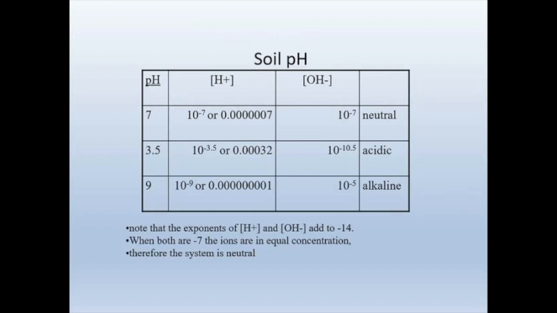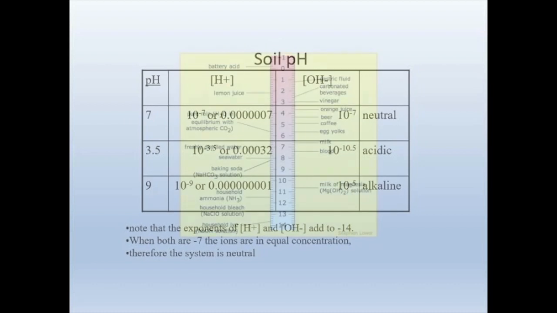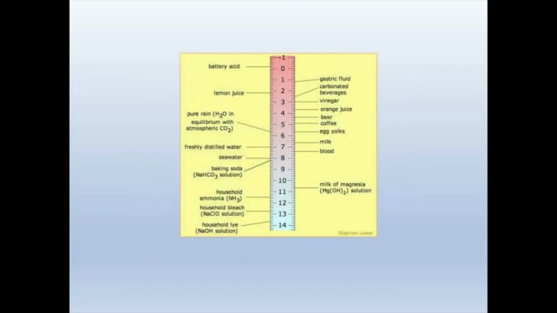Above 7, we're alkaline. Here is a diagram of some common things that we might be familiar with. Battery acid way up at the top actually has a negative pH. It's a very strong acid, H2SO4. So you can have a pH that's negative. It's very, very rare that we see acids that strong, but it does happen.